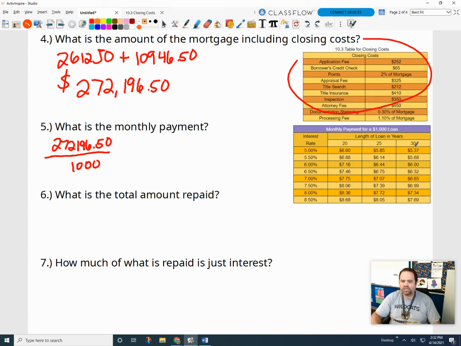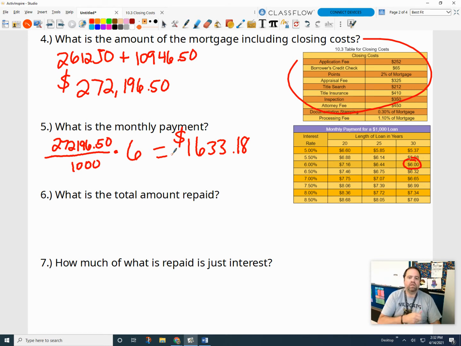A 30-year mortgage at 6% interest is an even $6. So the amount of his mortgage divided by 1,000 times $6. His monthly payment is going to be $1,633.18. It was 0.179, so I had to round that.